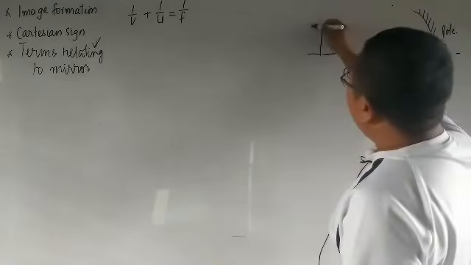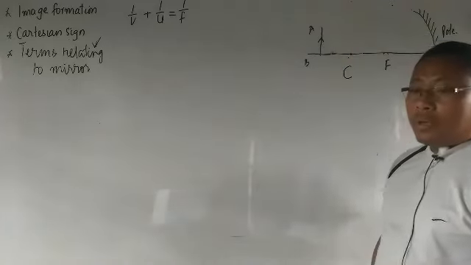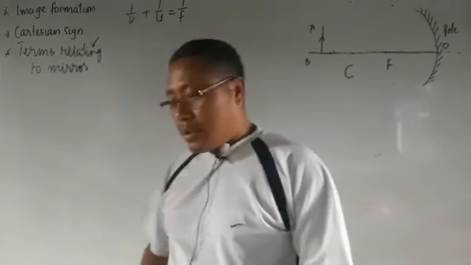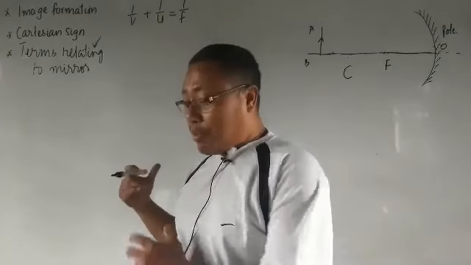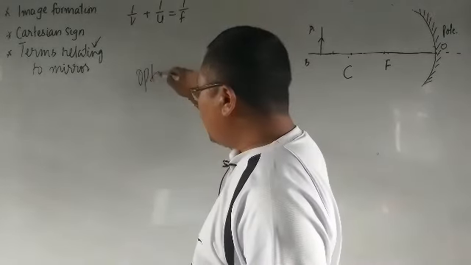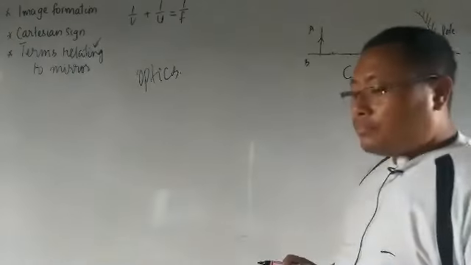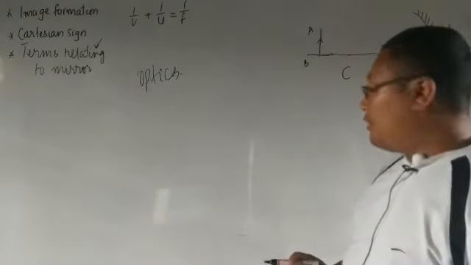So this is an object AB. It stands like this. In optics, the portion that we are talking about now is also called optics. So in optics, the signs and the direction of the ray are very important.